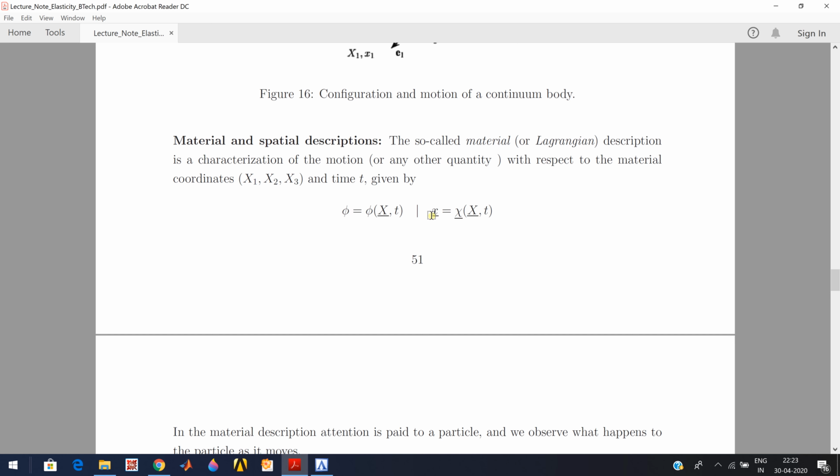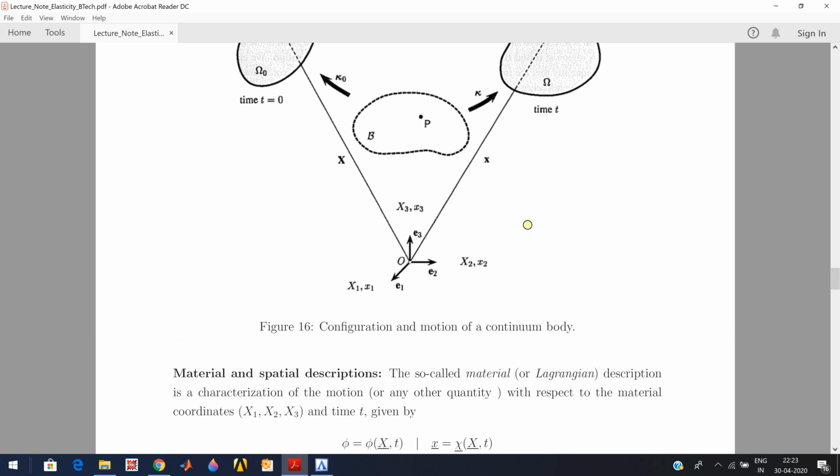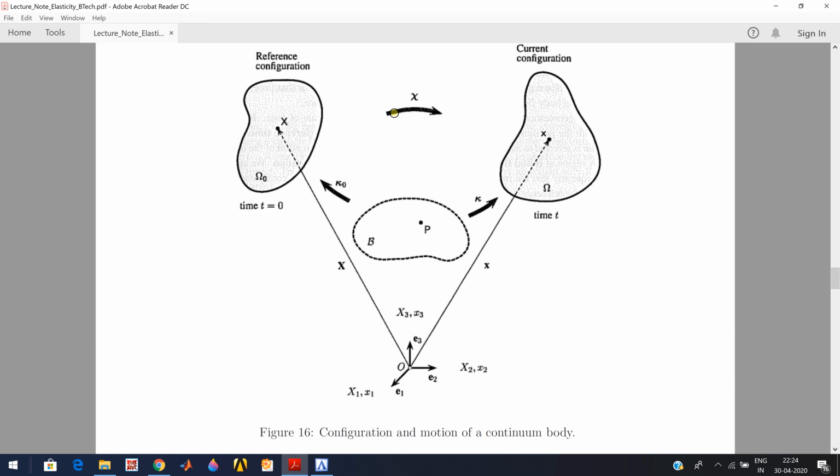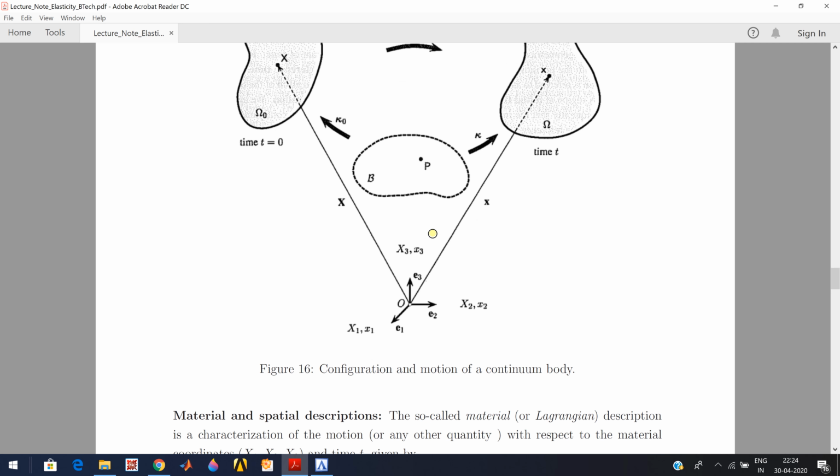So this motion will be a function of the material point X, the initial position, and t, and that mapping. In the earlier picture you have seen there is a mapping sign shown here. So this mapping is termed as chi. So chi is the map from the reference configuration to the current configuration.